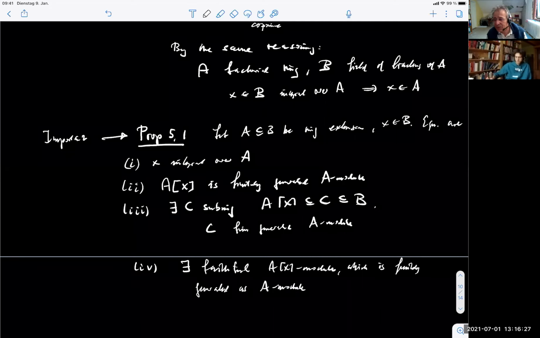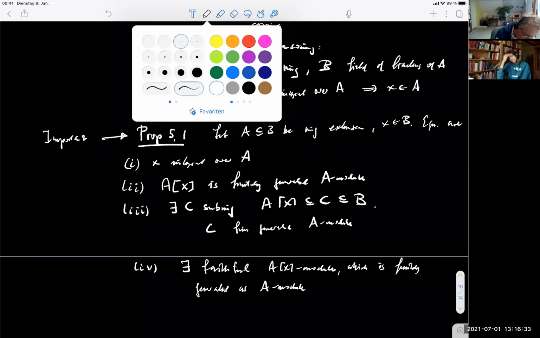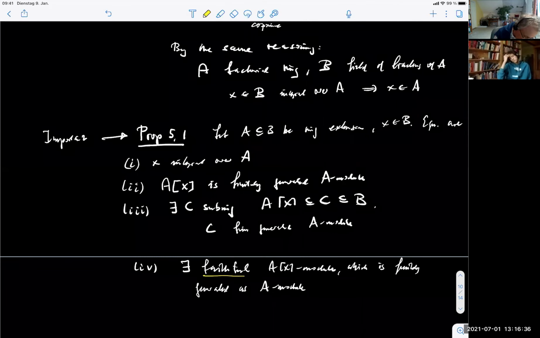Faithful means the annihilator of the module is 0. So if you have a ring element that kills the whole module, then it must be 0. Okay, this is faithful. Or the corresponding representation is injective.